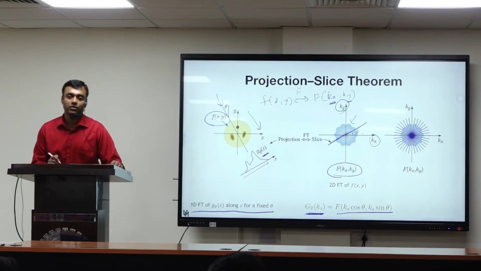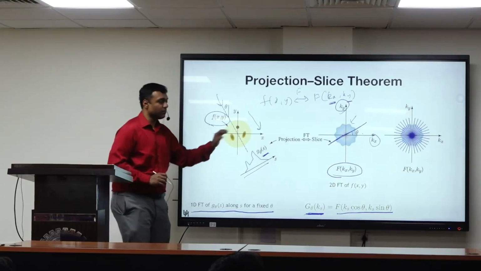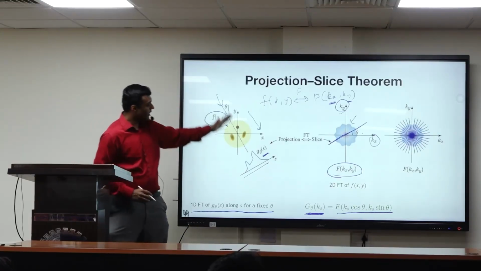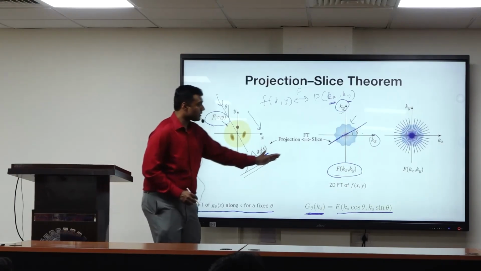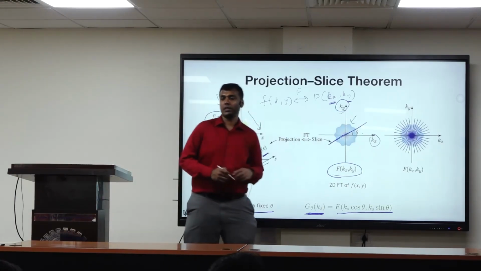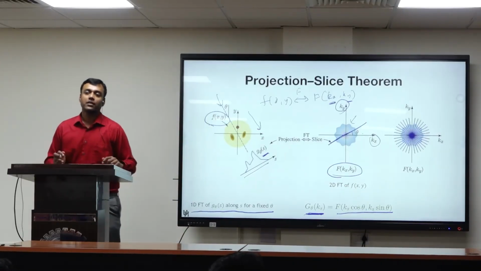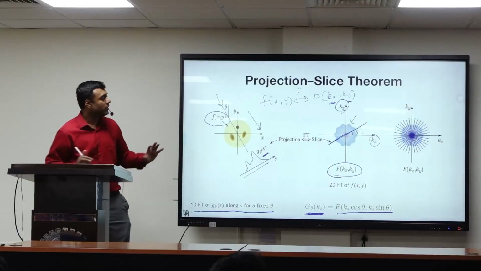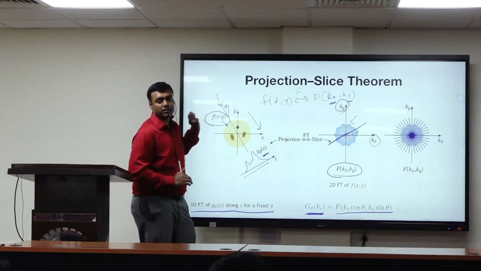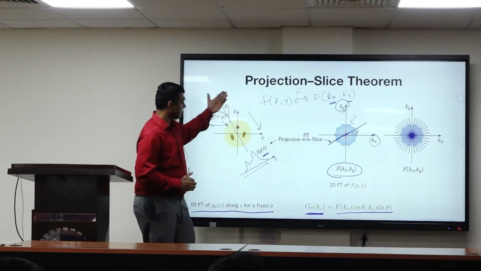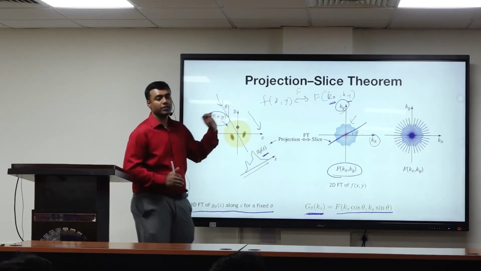I'm telling you that there is a theorem which says that if you take the Fourier transform of the data, that is a slice in the Fourier domain. If you know this basic theorem, how can you construct f(x, y), the 2D cross section of the 3D object? How can you figure it out?